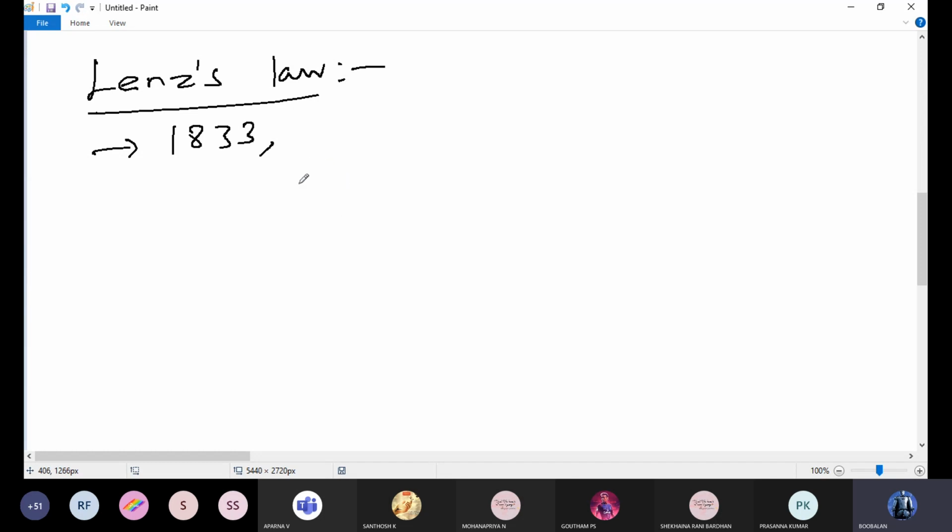This is a general law for determining the direction of induced EMF. For what purpose are we using Lenz's law? Finding the direction of induced EMF.